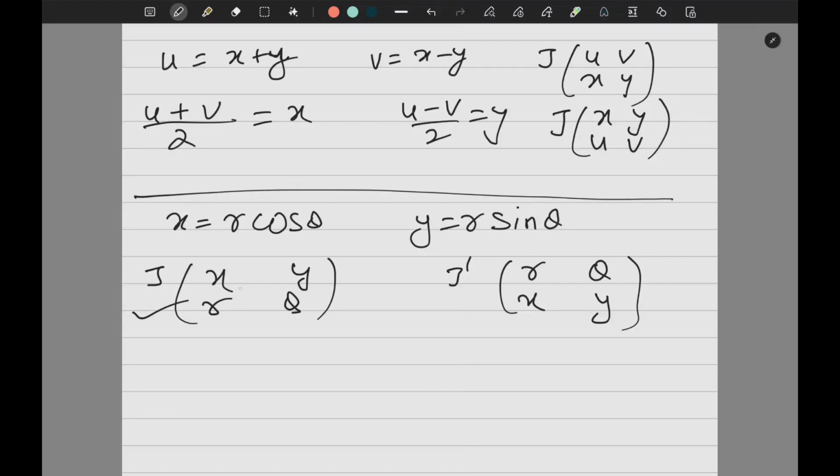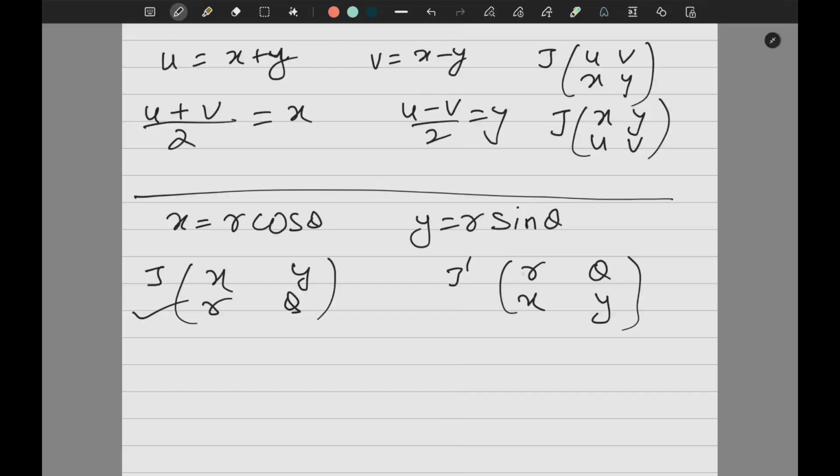Dou x by dou r is cos theta, and dou x by dou theta is minus r sin theta. Dou y by dou r is sin theta and dou y by dou theta is r cos theta. So no issues.